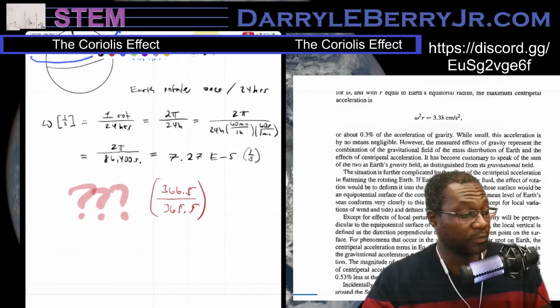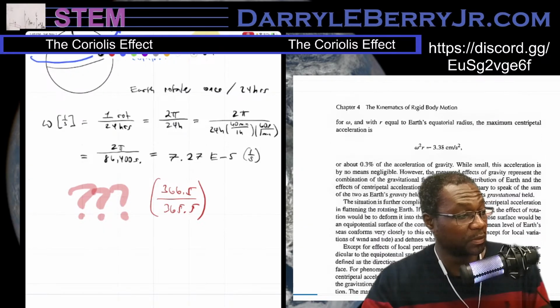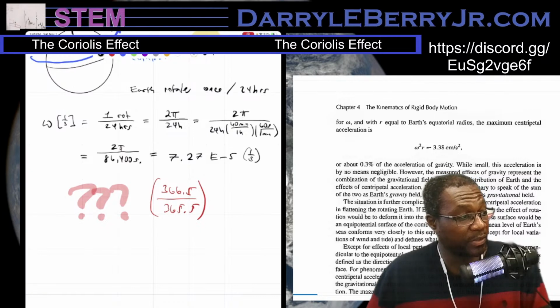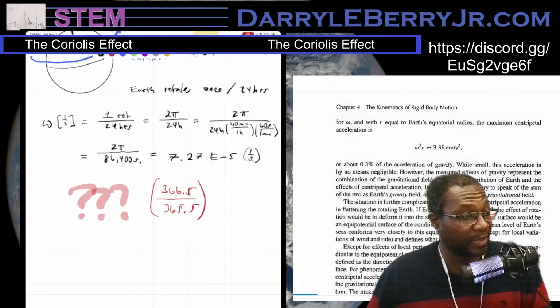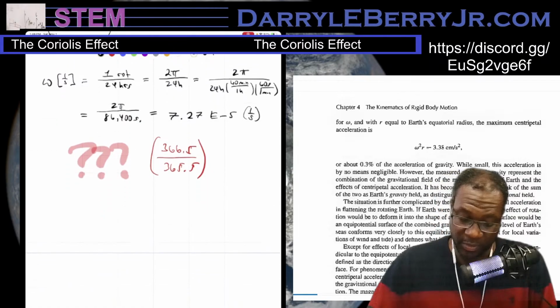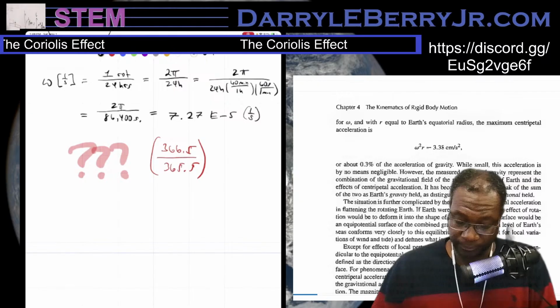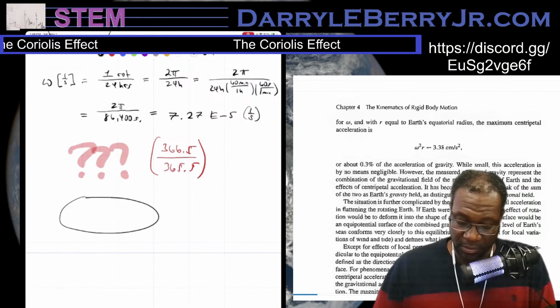With this value for omega and with R equal to the Earth's equatorial radius, the maximum centrifugal acceleration is... So, what do we have?